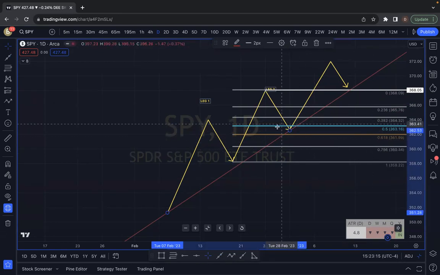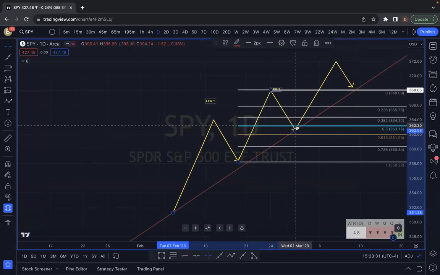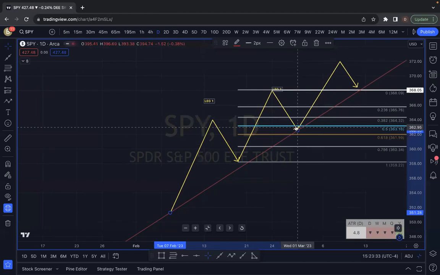For example, right here, we went up, we started retracing to a point of interest, that 0.5 to 618 zone. There's also a trend line right here, which serves as a support. So if we bounce off a support and a fib entry, that is two confluences that we can put together for a better probability trade back up to the upside.